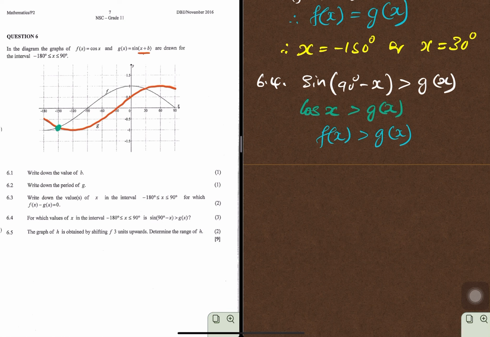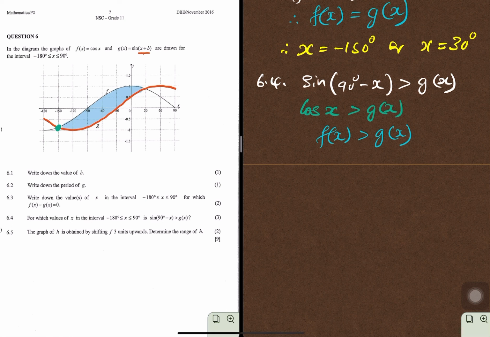What I want you guys to see is that this is f right there. That is your f, and that is your g. So that is the only time where f is above g. Bigger than means above g. So in this region here, the one I'm trying to shade now, that's the only region where the graph of f is bigger than the graph of g. That's the only region.